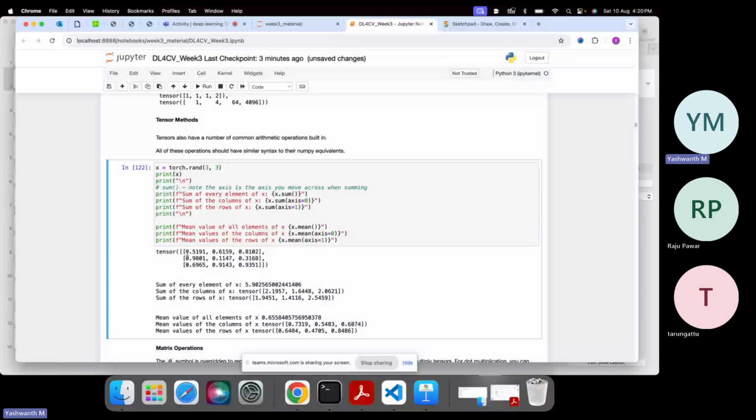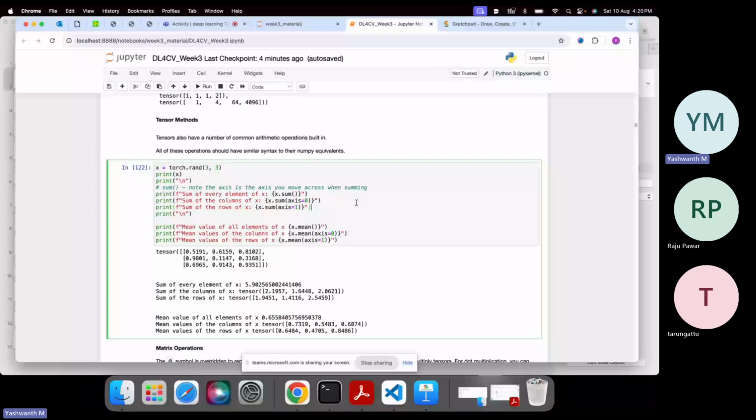So to be precise, it sums 0.515191, this one 0.98, 0.69. Again, it will sum this, and this. Okay. So basically that's what, right? Sum of the columns. So each column is being summed.